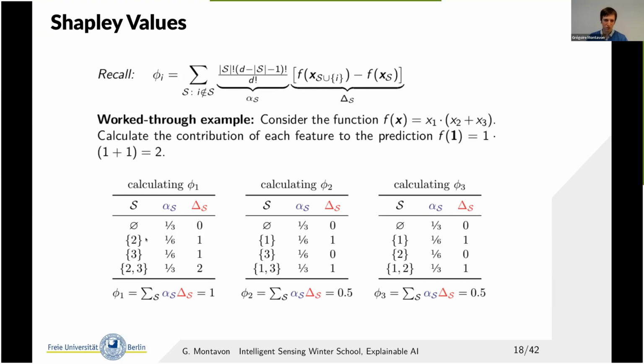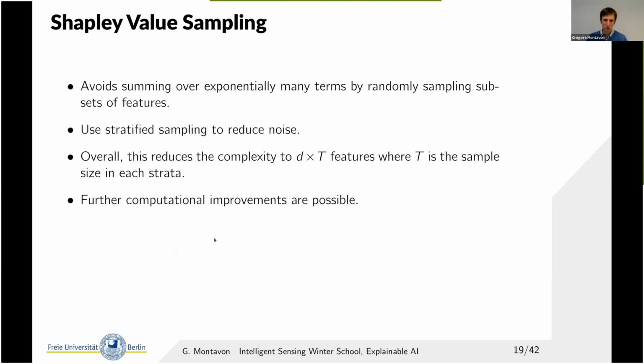For example, here you have two rows, and you can just sample one and avoid this combinatorial explosion. And this allows you to compute this explanation in terms of d times t features, where t is the sample size in every strata.